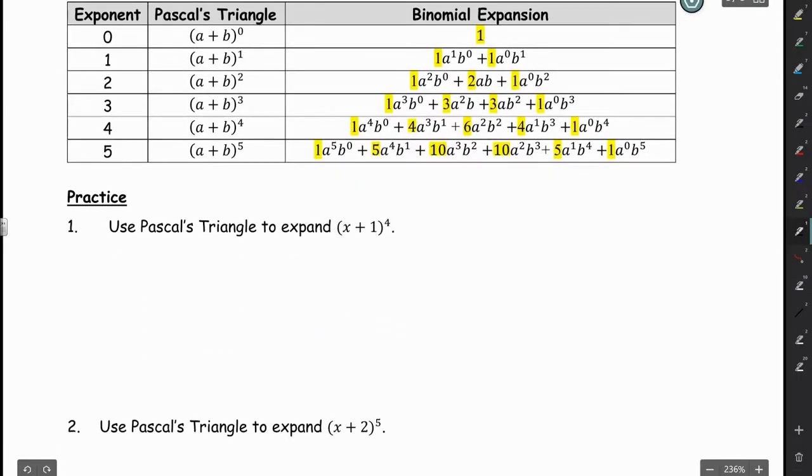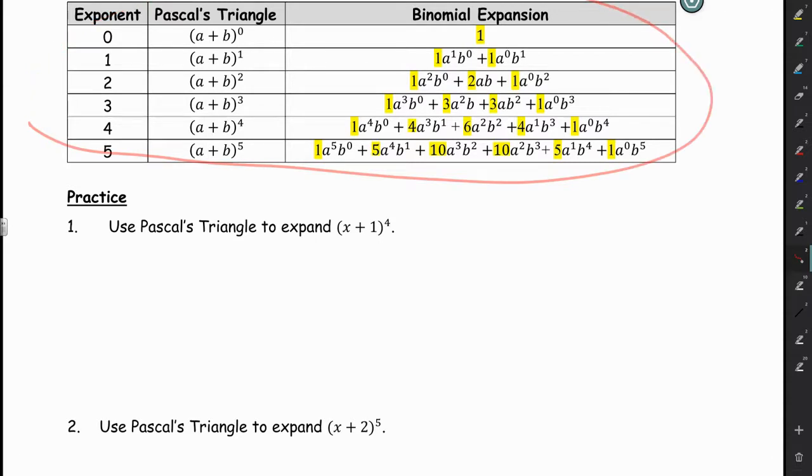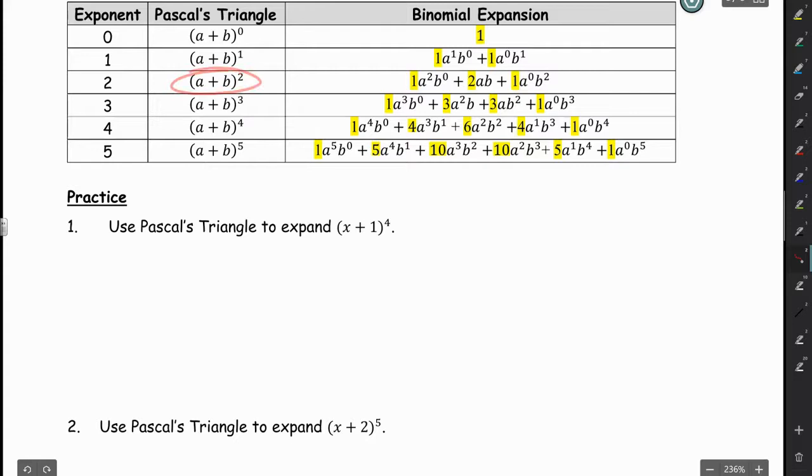Right, so this diagram that I have at the top is just a summary of what we just talked about, just to have it there as a reference. And notice that when we're picking the row of Pascal's triangle that we want, we're going to be adding 1 to whatever our exponent is. Let me explain that. Let's say we're looking at a plus b squared.